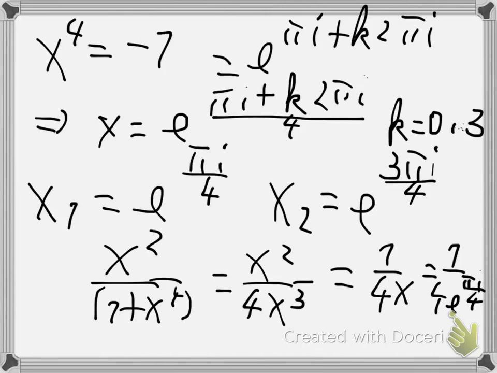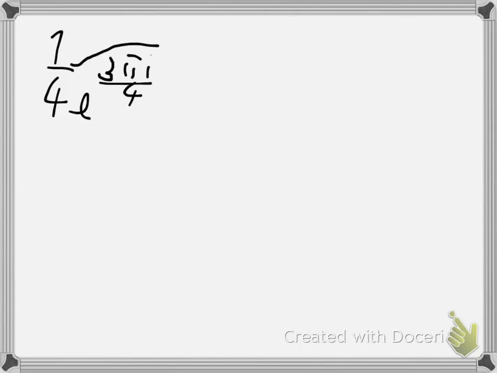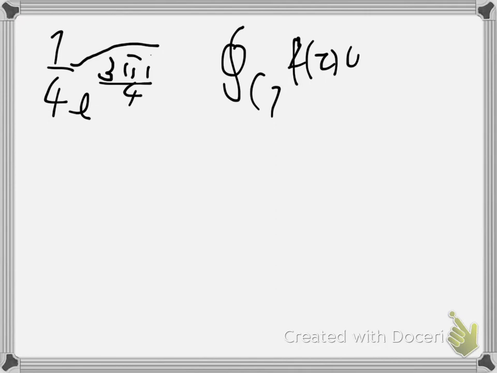I think this should be correct, and so the residue theorem states that our integral around our domain is equal to 2 pi i times the sum of the residues.